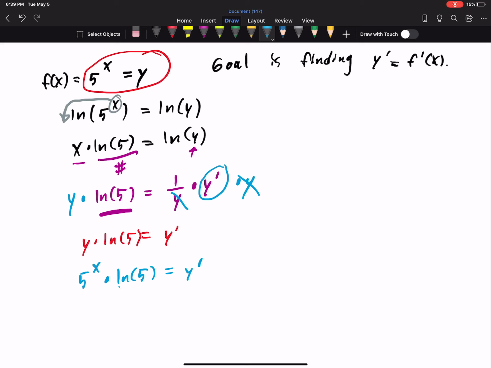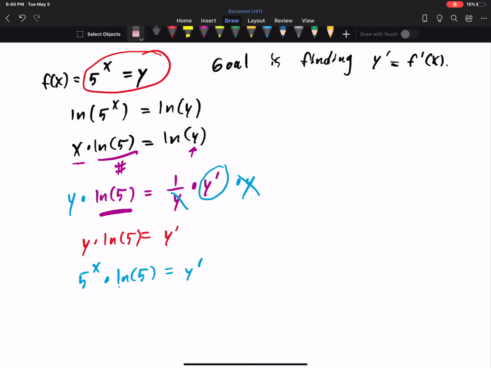That's it. Pretty neat. So we used implicit differentiation and log properties to get the exponent out of the exponent. We got the variables out of the exponent, so then we could derive it more easily. That's half the battle of calculus, is trying to put things into a form that is easy to work with. And this is just one tactic for doing that.